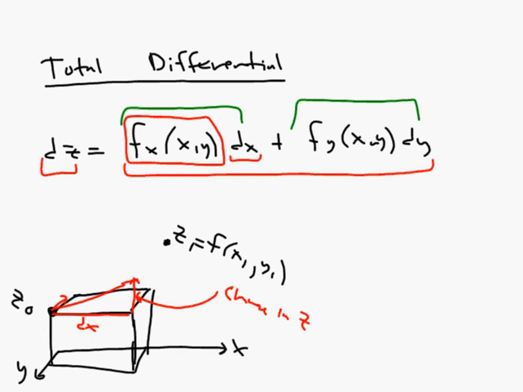So I could probably, if I wanted to, think of this as partial f partial x, or partial z partial x, if you like that. And then what do I have to do with these two things? Well, I have to multiply them by the small change, delta x, that I moved. And you could see how this would show you a small change in z.